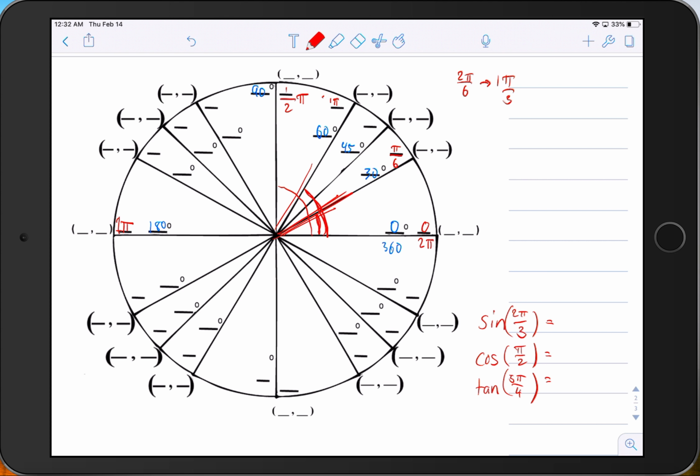So 1 pi over 3. And so you can do this same idea for the rest of the circle. This is pi over 6, 2 pi over 6.